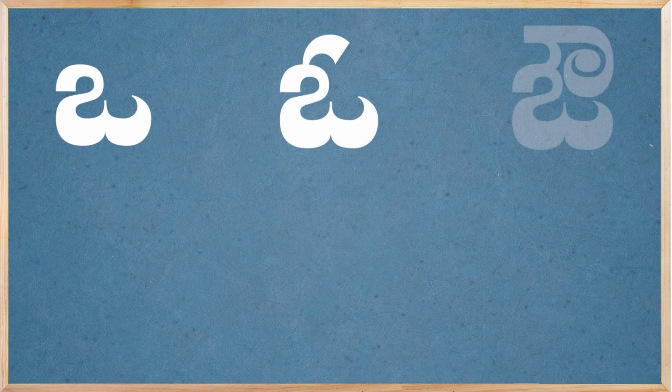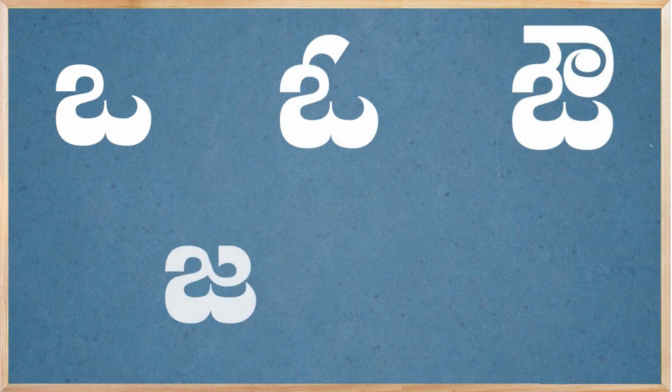In category 6, O, Au, Ja, Gna. Each of these categories will be discussed in detail, covering their pronunciation, writing techniques and practical usage in forming words and sentences. So make sure you have your notebooks ready and let's dive into today's lesson.